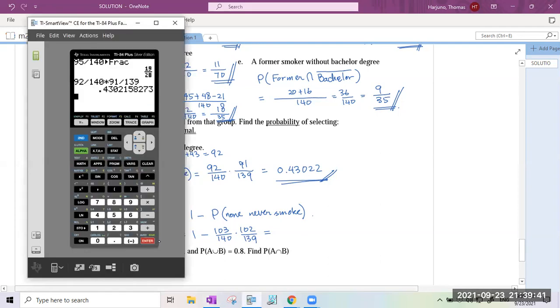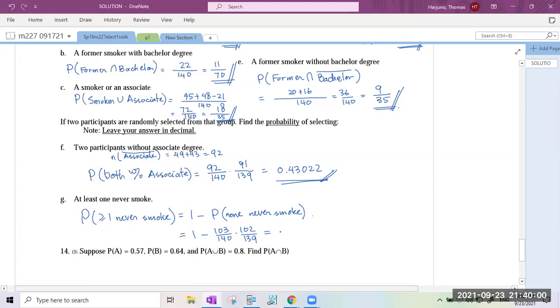That's 1 minus 103 over 140 times 102 over 139. That gives 0.46012.